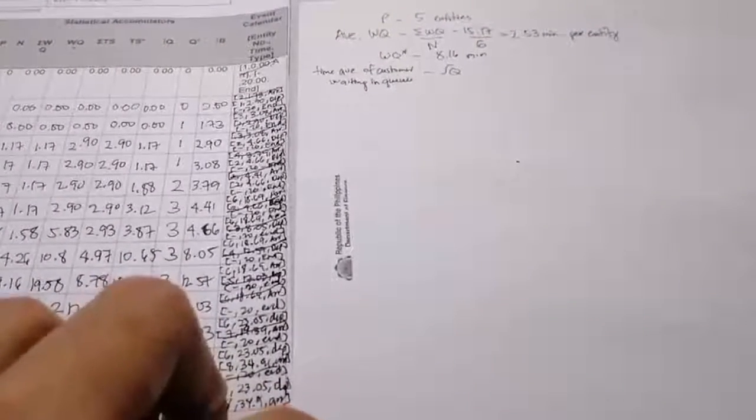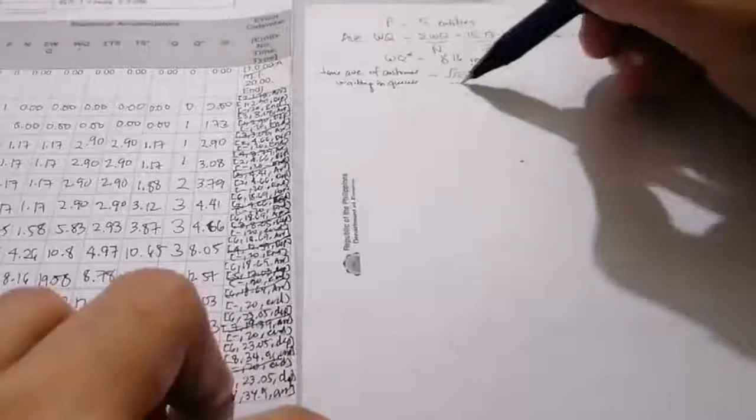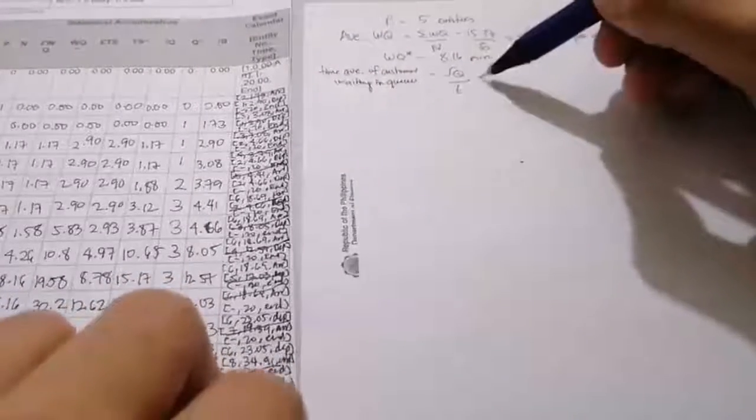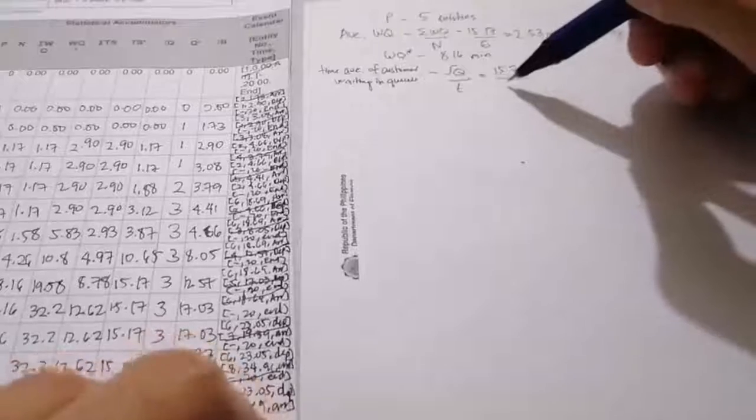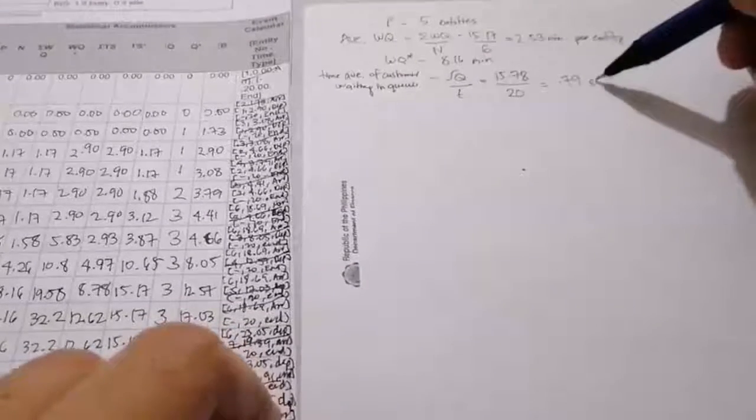So, we want to know the time average. Ibig sabihin, ang denominator natin doon is the time to get the average. So, this is area of queue over time. The simulation time. So, now, we have area of queue. The final value is 15.78 divided by the simulation time, 20. So, this is 0.79. 0.79 entity.